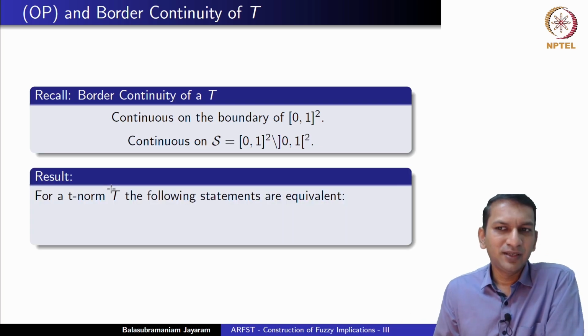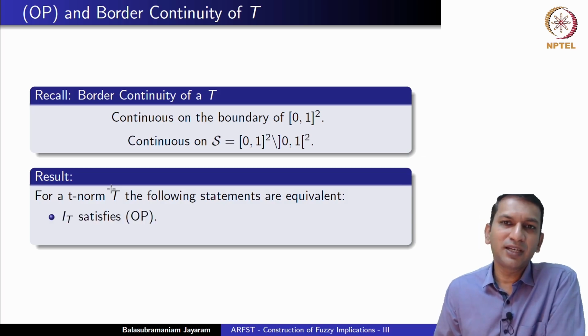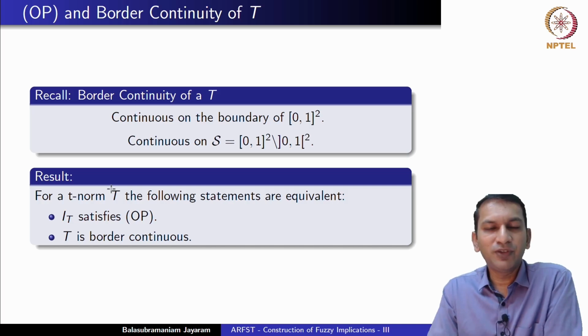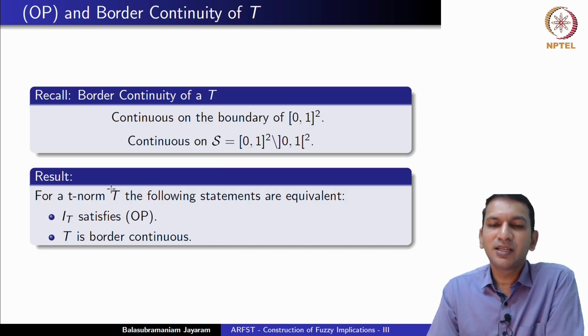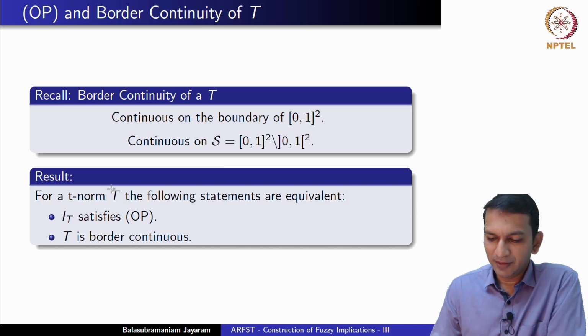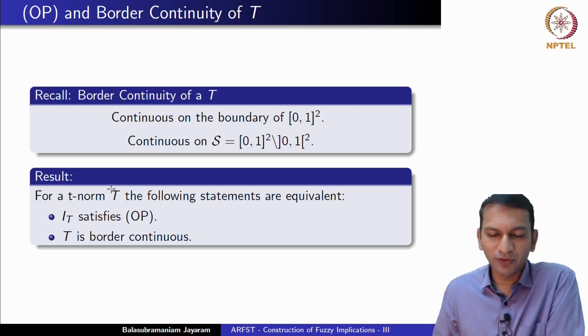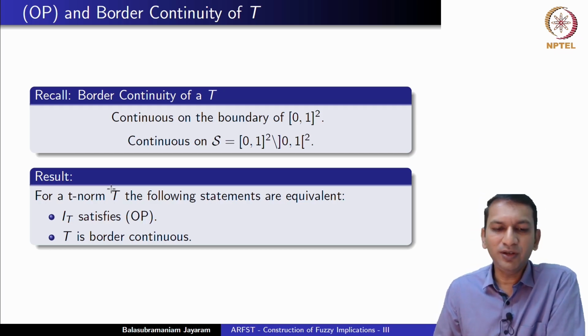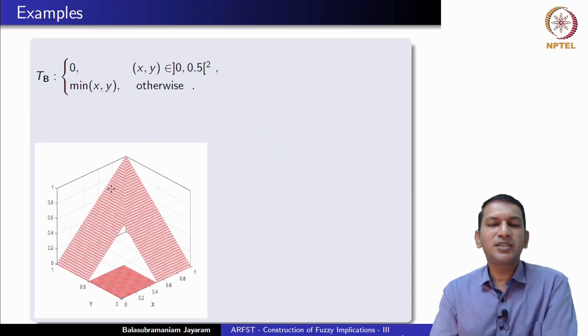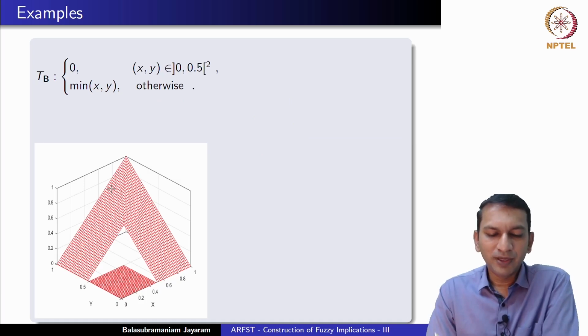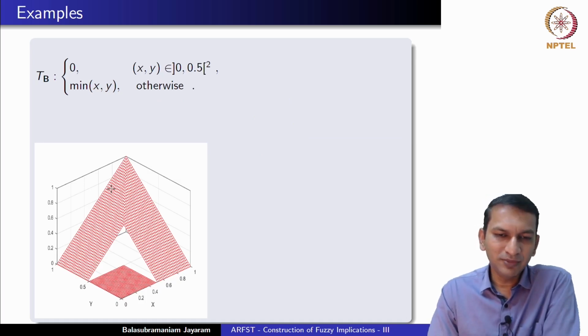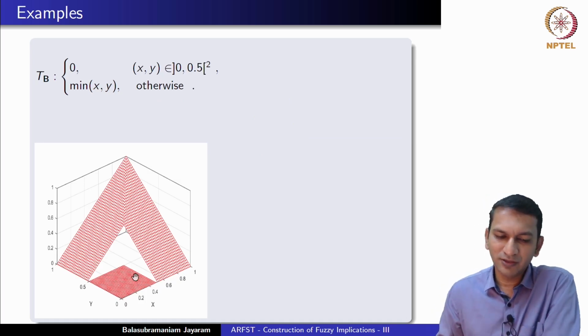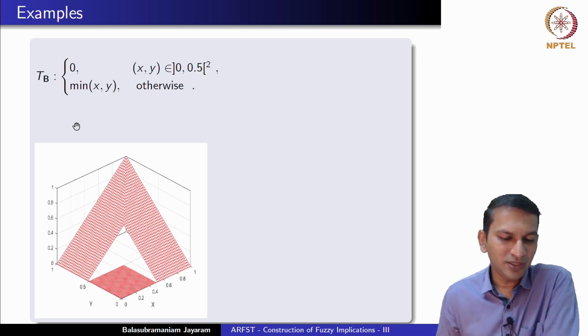It can be proven that an R implication satisfies the ordering property if and only if the T norm from which it is generated is border continuous. Now, without going into the proof of this result, which is quite involved, let's look at some examples. You might recall that this T norm is actually border continuous. Of course, clearly it is not continuous. There is a huge gap here. It is border continuous, but not continuous.